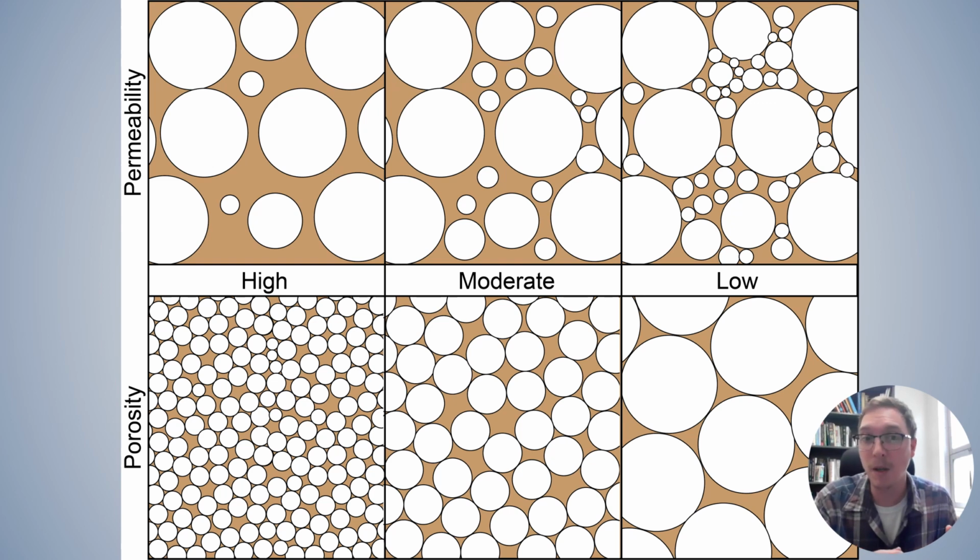Now let's look at permeability. On the top there, high permeability, you've got things like sands. Water has the ability to move through these granular spaces a lot more easily than low permeability things, where you can start filling in all of these gaps with other things, smaller sediments.